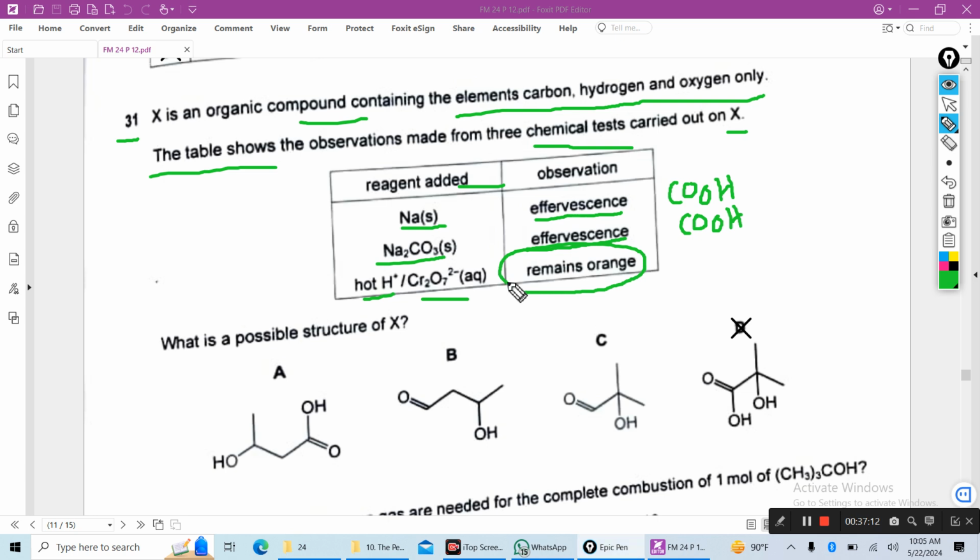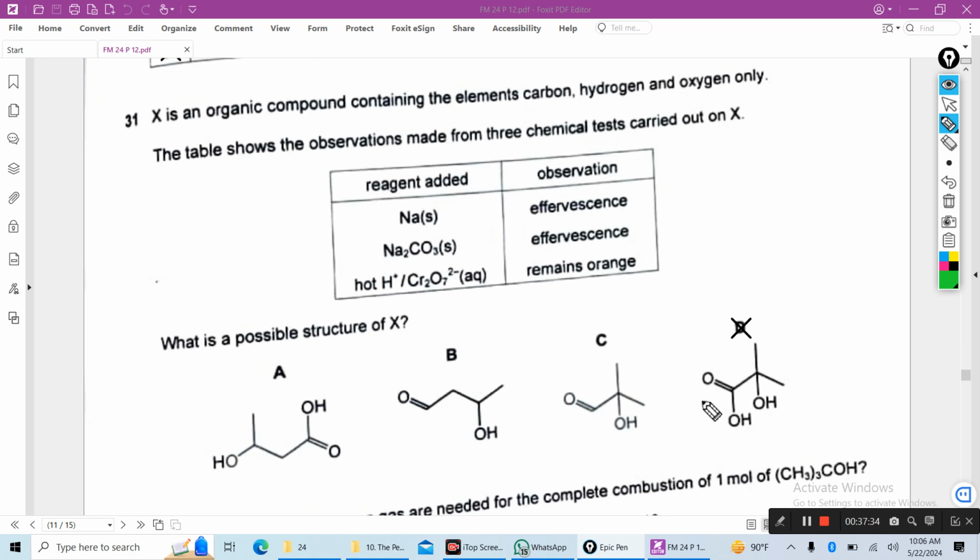So it is not primary alcohol, not secondary alcohol, not aldehyde, because primary alcohol, secondary alcohol and aldehyde oxidize. In that case potassium dichromate turns from orange to green, so this remains orange, meaning no reaction happens. So the first part, carboxyl group, is correct.